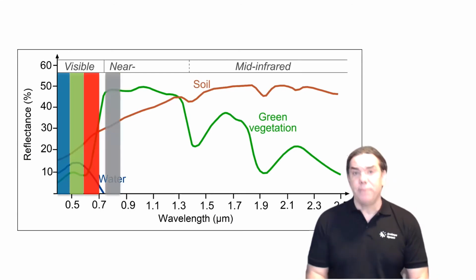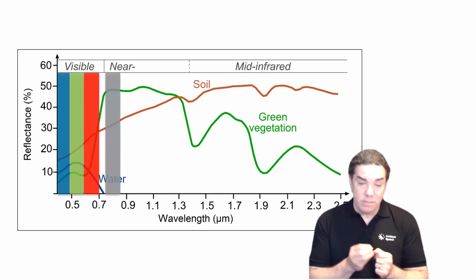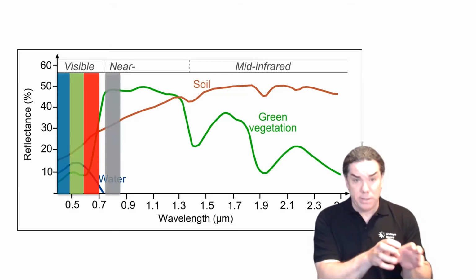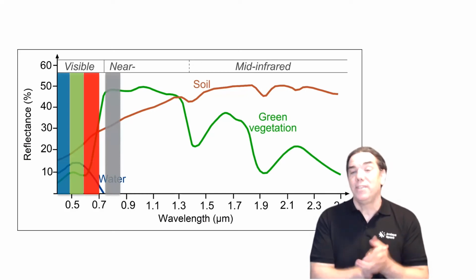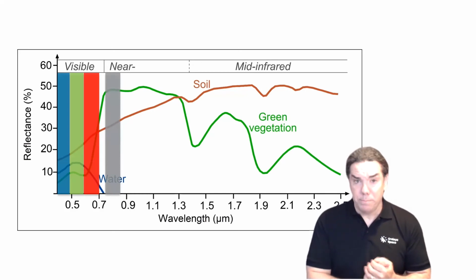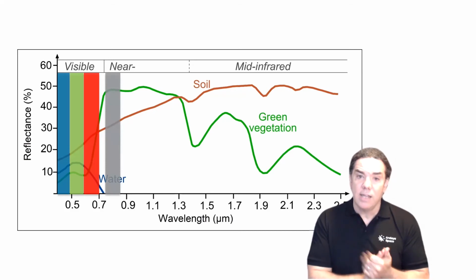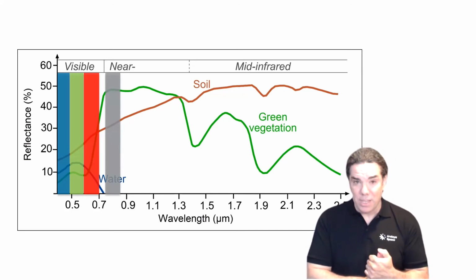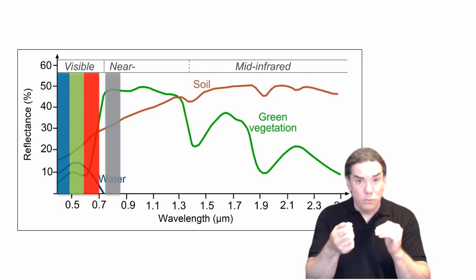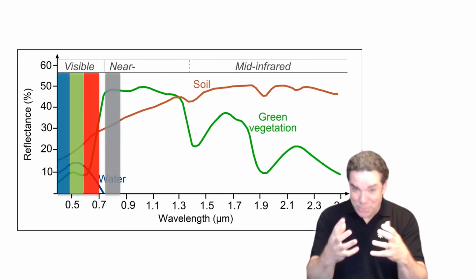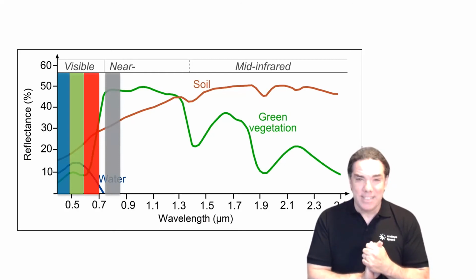So it will be perfect to also set sensors that, at the same time that we are observing in optical from space, take pictures using the infrared, both in the near and the mid-infrared section. So this is what is going on with Sentinel-2, which is the normal satellite we use.